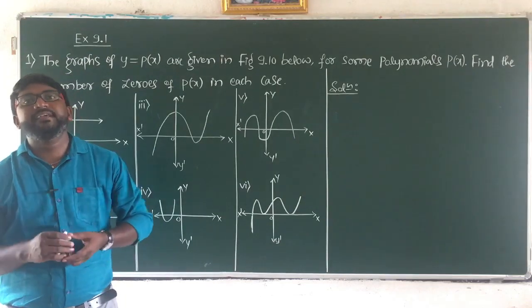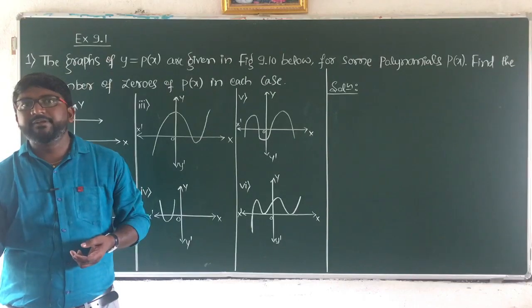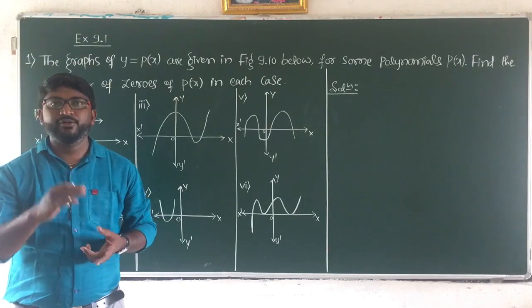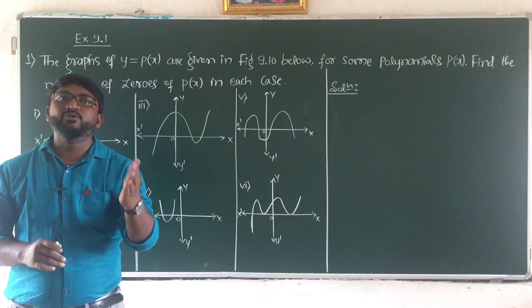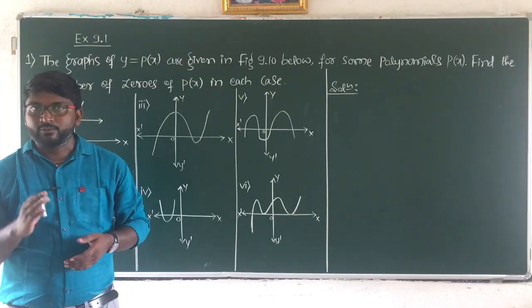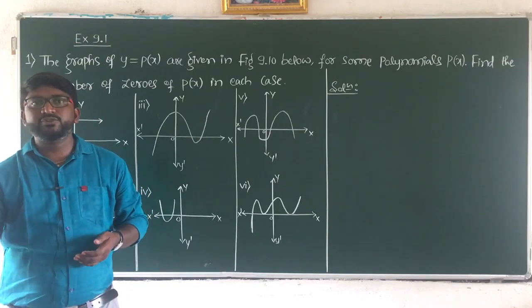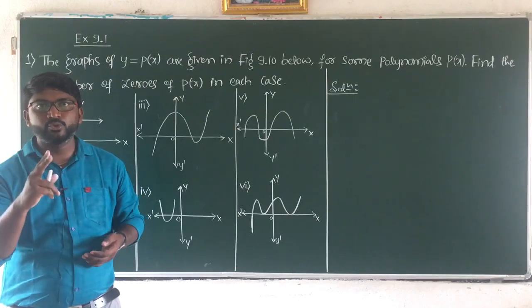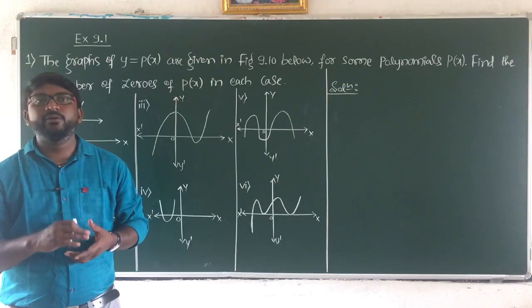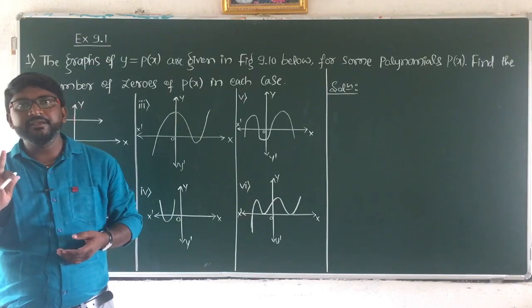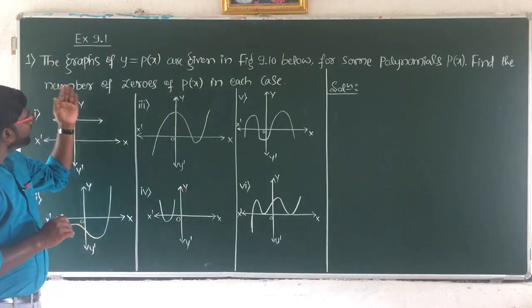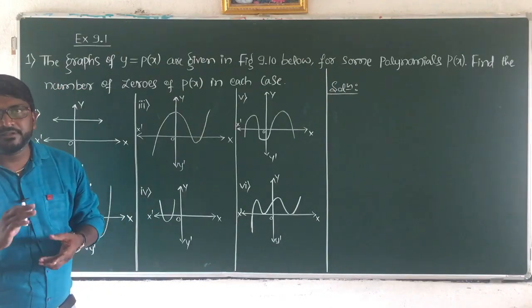You will have to try for quadratic polynomial and cubic polynomial. A linear polynomial at the most can have 1 zero. A quadratic polynomial at the most, that means maximum, can have 2 zeros, and a cubic polynomial at the most can have 3 zeros.